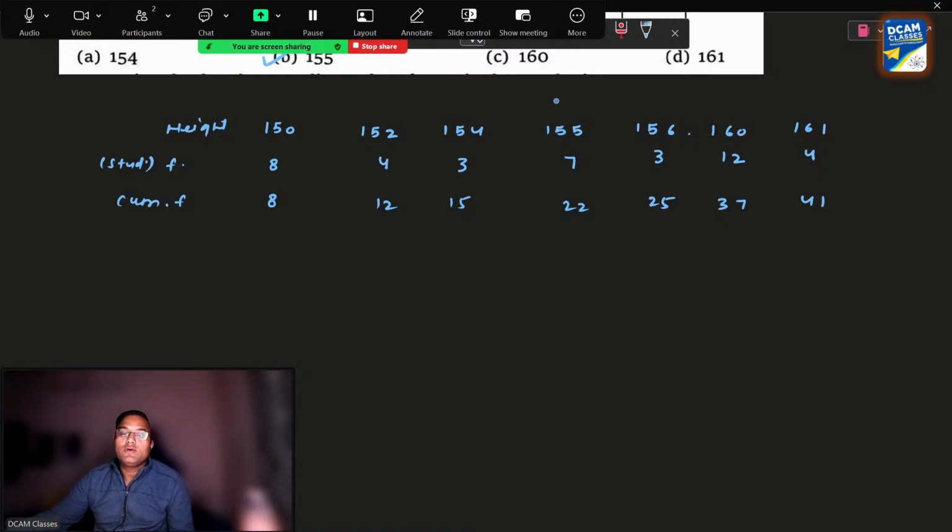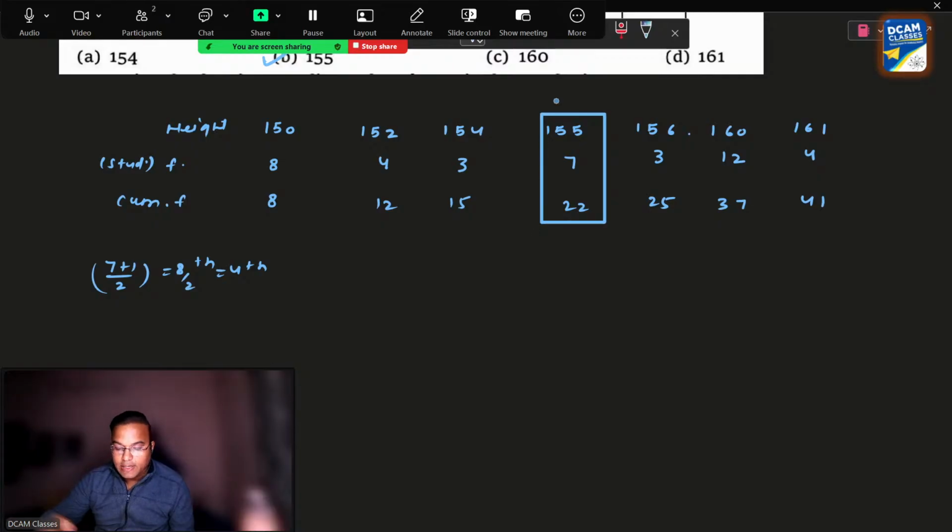Now n plus 1, how many observations are there? 1, 2, 3, 4, 5, 6, 7. 7 are there, na? 7 plus 1 by 2, 8 by 2, fourth, this one. This is your median. Like that only you calculated, na?